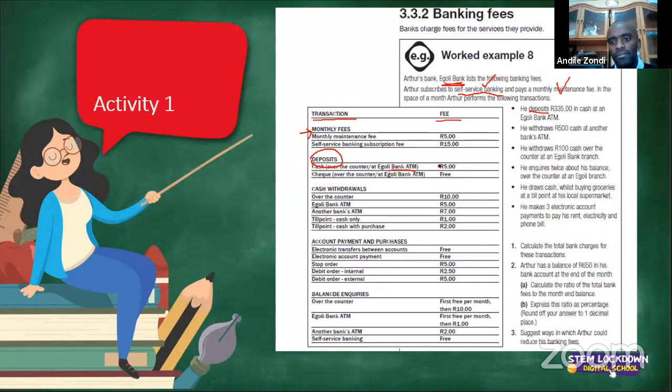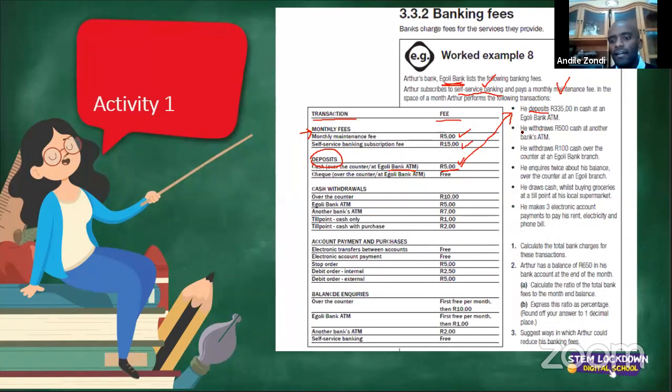So he'll pay 5 rands. Let's say he'll pay 5 rands, make my life easy. So this is the first charge that he pays. Keep in mind, you also have to pay maintenance fee and subscription fee. Now he's paying 5 rands as well.